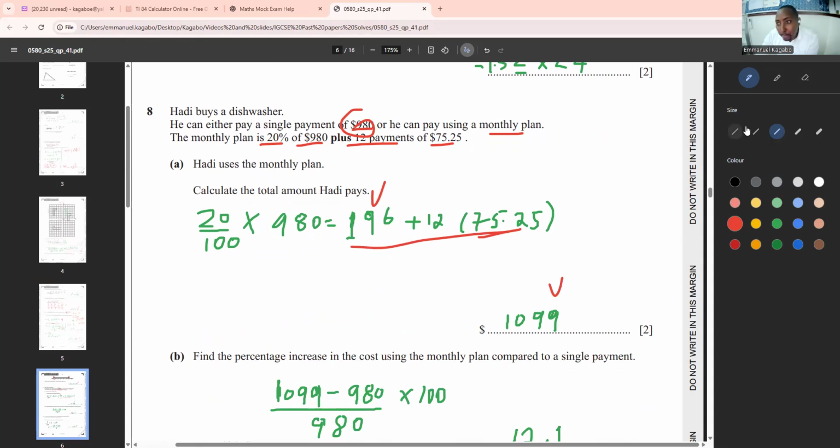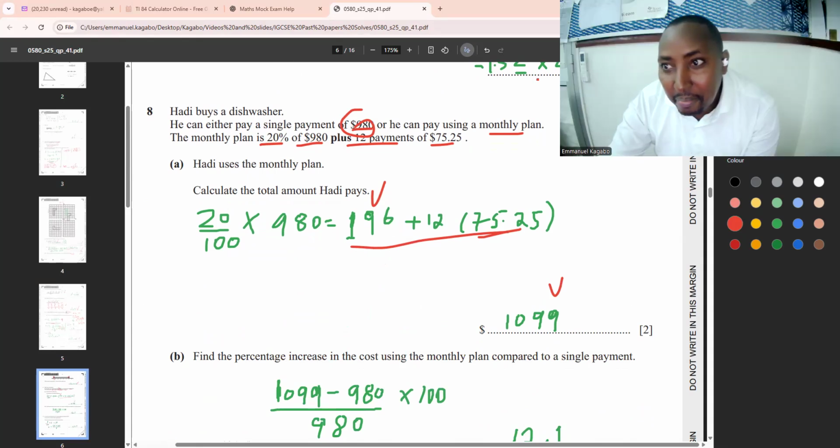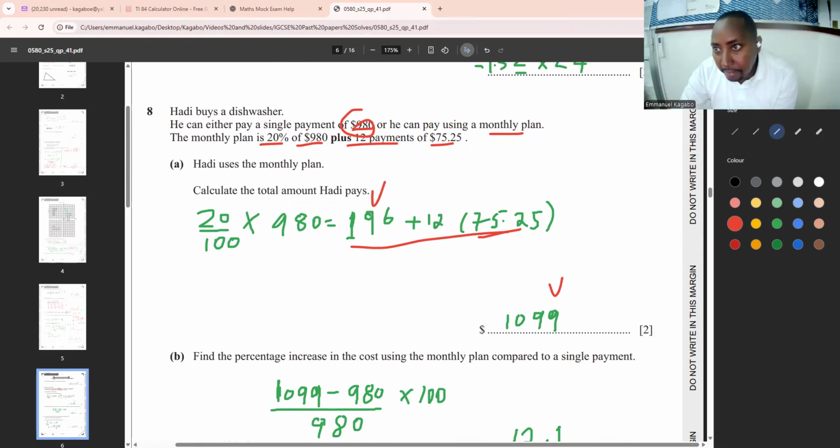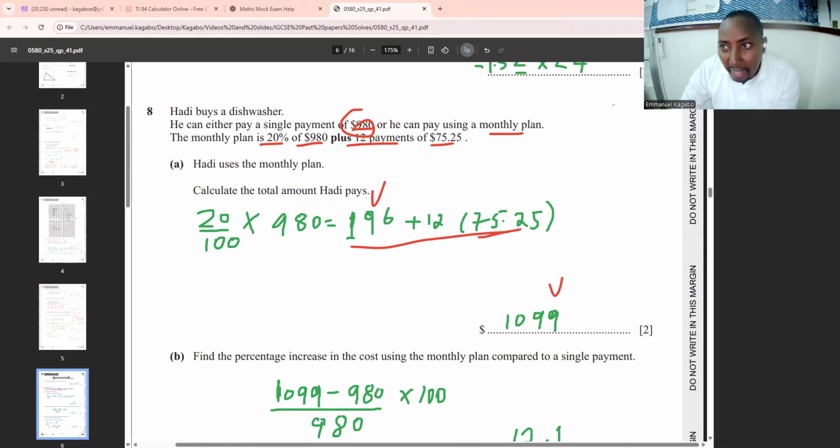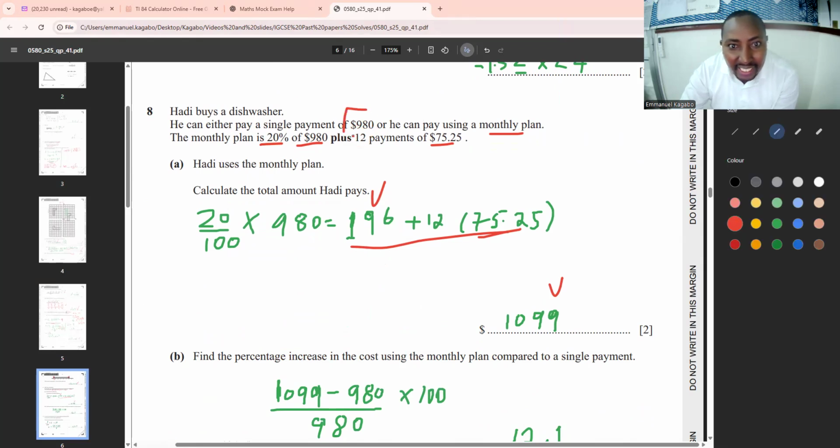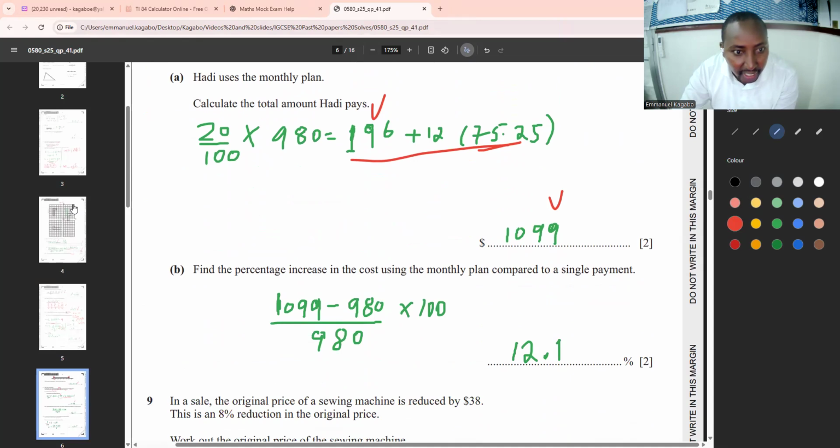But if he paid it at once, he would have just paid this only. But because he paid installments, he has paid 1,099 instead of 980. Find the percentage increase in the cost using the monthly plan compared to the single payment.